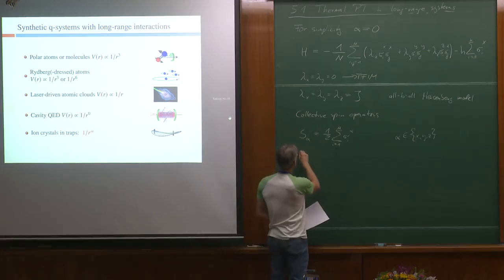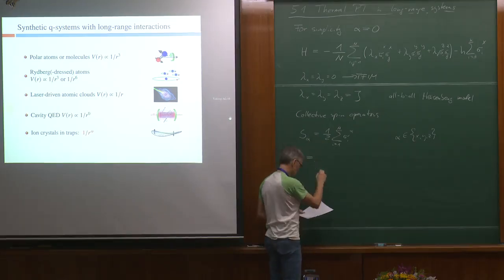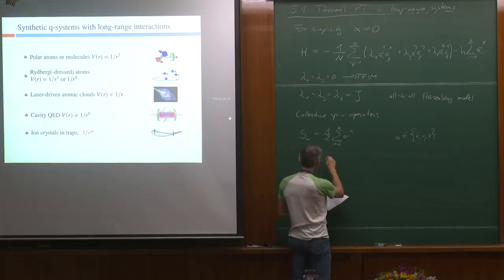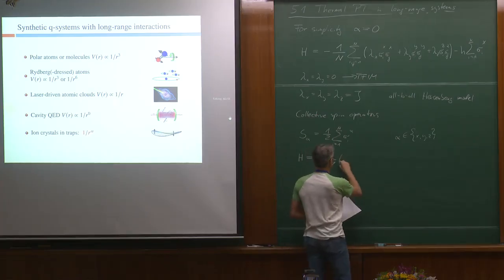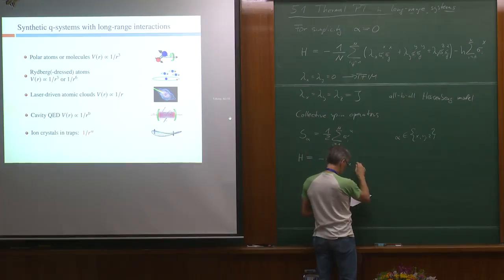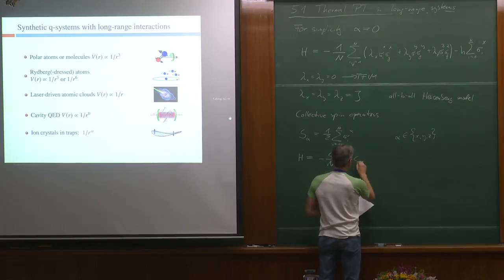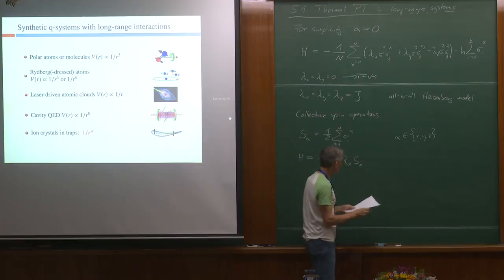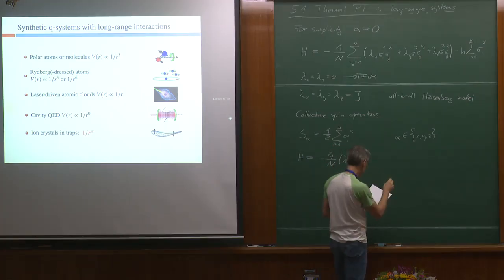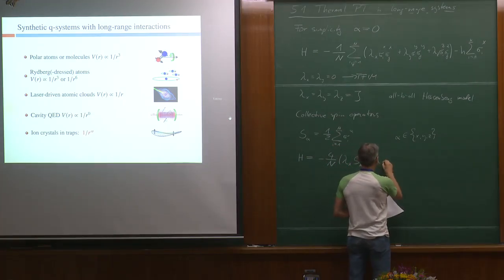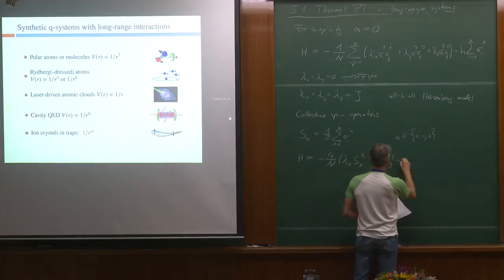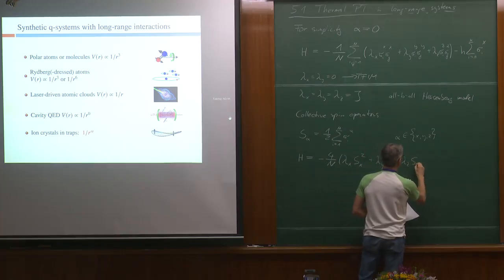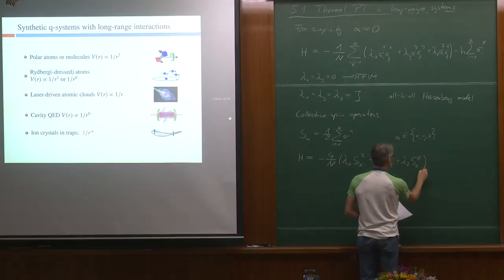So the Hamiltonian then, you can very easily see that I should get to the following form. What I'm writing down now is not yet for the Heisenberg, but this is the general case. Let's write it down anyway. Plus lambda z S_z squared.